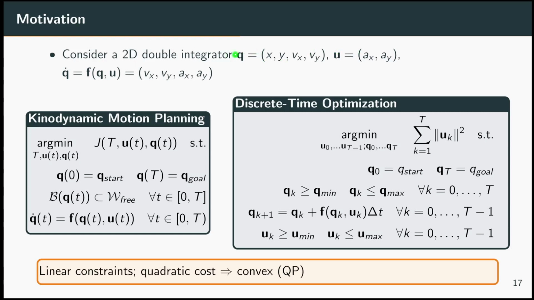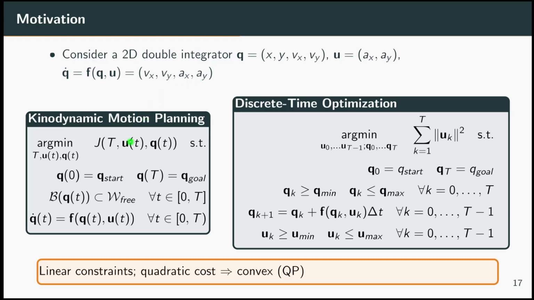And then the dynamics are particularly nice because the change of x is really just already part of the state space, so Vx. Y dot is also already part of the state space, so you copy that. And then x double dot is just part of the action space, and so on. So it's a nice linear system.